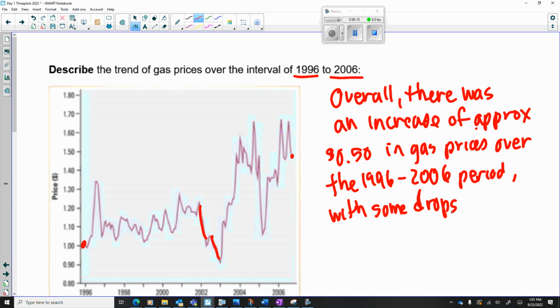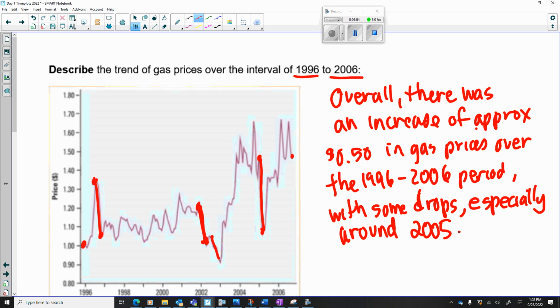So if I had to pick some of the biggest drops, I'd say there was one from here to here, one from here to here, and one from here to here. So maybe from 96 to 97, from a little before 2002 to 2002, and maybe 2005-ish, like the beginning of 2005. So I'll just say that, especially around 2005, there was a big drop.